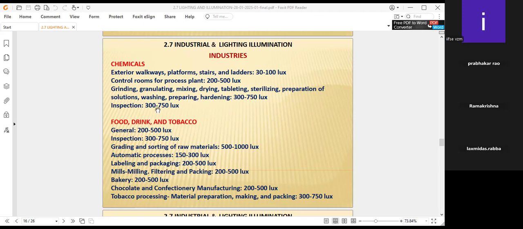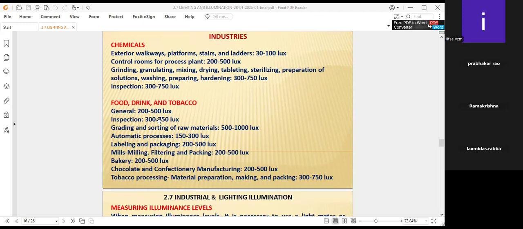Inspection, 300 to 750 is enough. Food, drink, and tobacco general 200 to 250. Inspection 300 to 750. Grading and sorting of raw materials 500 to 1000. Automatic processes 150 to 300. These are the ranges as given.